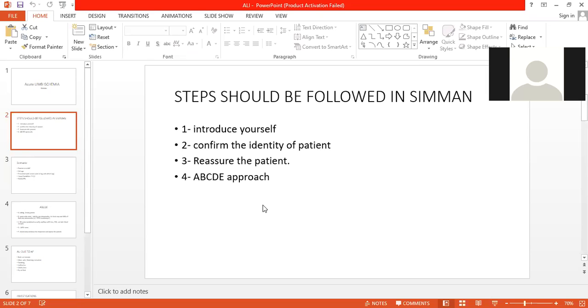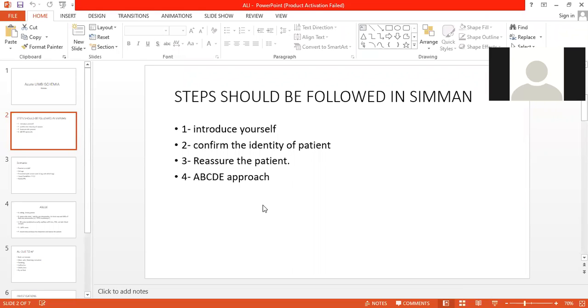Say you went into the room and the Simman shouted, "Doctor, doctor, I have a severe pain in my leg." You need to confirm the identity, but after a few more sentences. The patient is not in a comfortable state, so you should comfort the patient first.